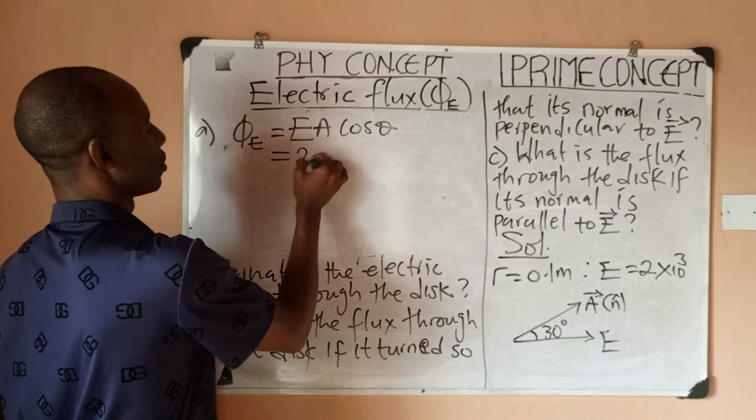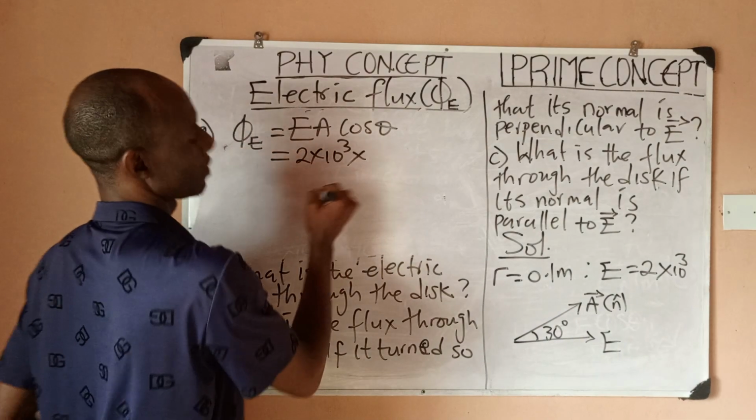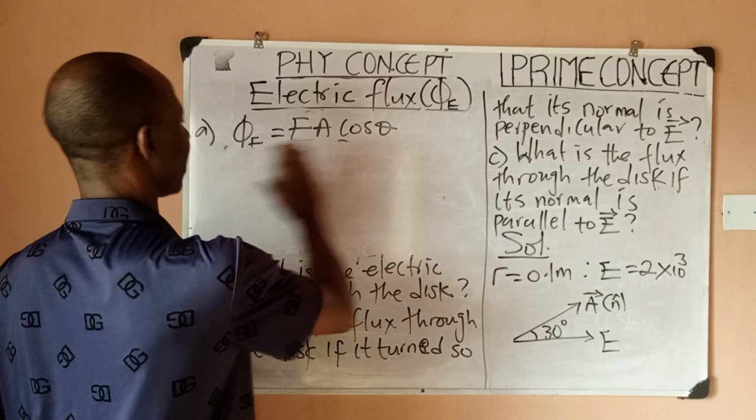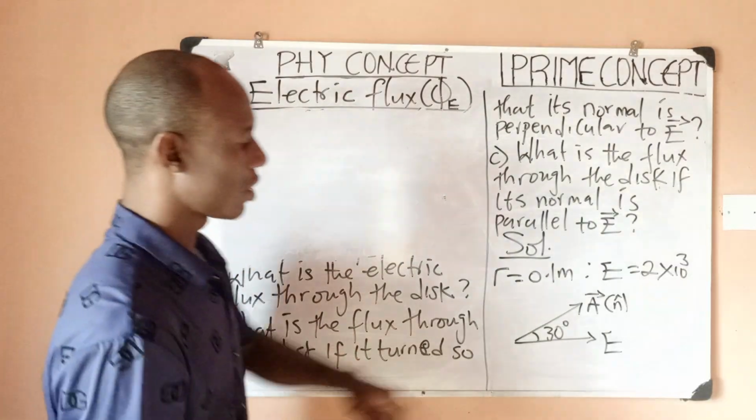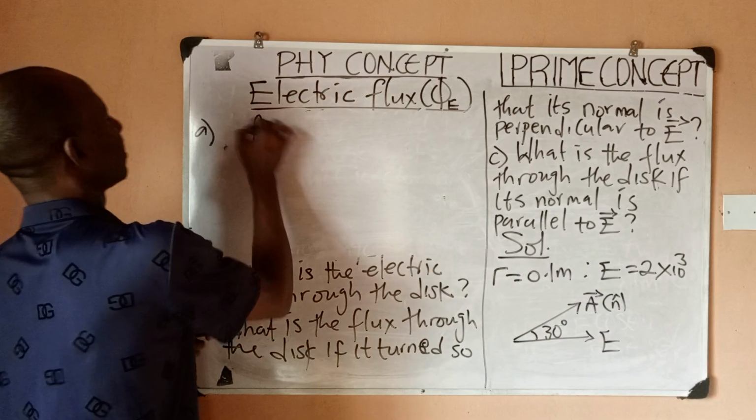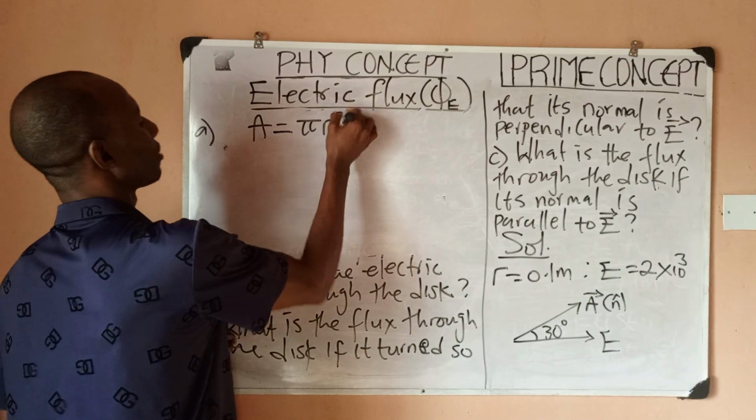So we have 2 times 10 to the power 3 times, we need to get our area. We've not gotten our area, so let's start from there. Now, they told us that it's a disk, and remember a disk is circular. So I want to find the area of that disk, which is pi r squared.